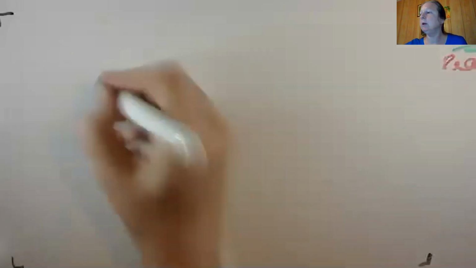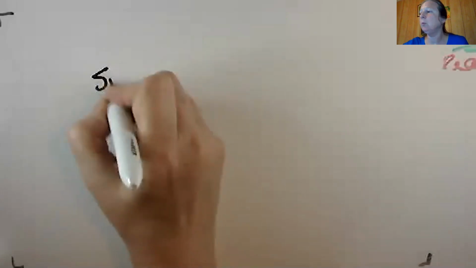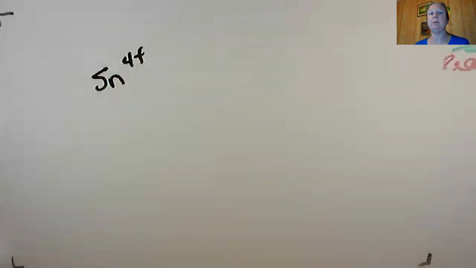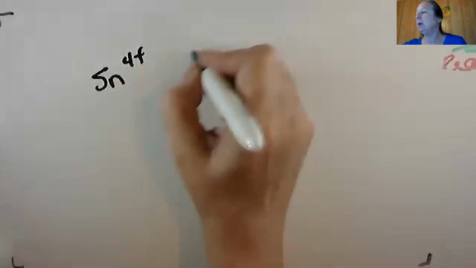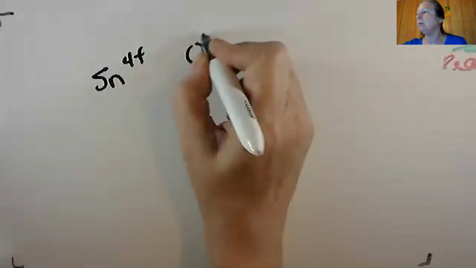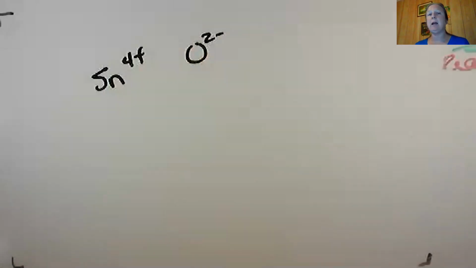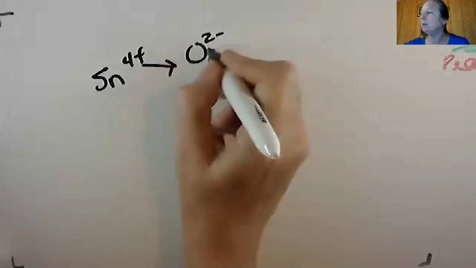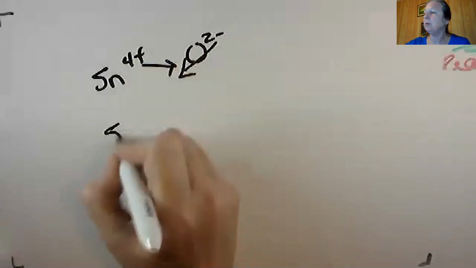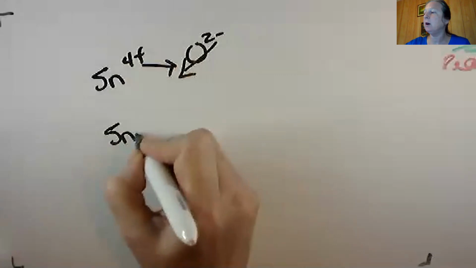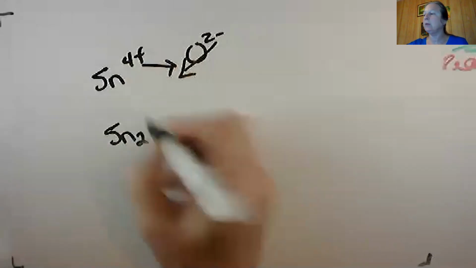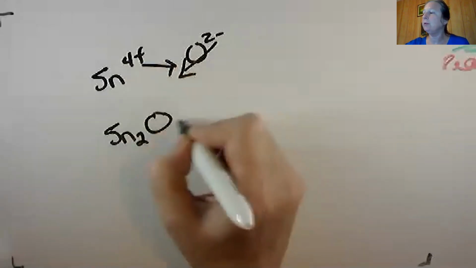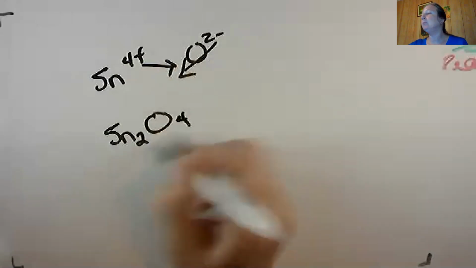So the third example is tin. Tin is one of those that has more than 1 charge, but we're told that this has the 4+ charge. An oxide ion. Anions have the IDE ending, so that's oxide ion. Again, we're going to do the crisscross. So that means my tin is going to get the oxygen charge, and my oxygen is going to get the tin charge as a subscript.